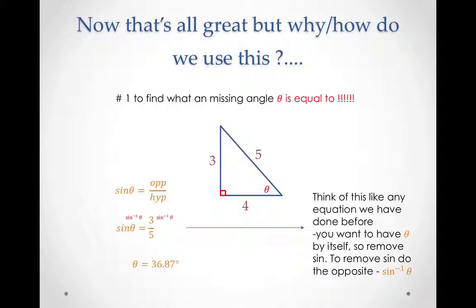Once you did, we've removed sine from the left-hand side, and we're simply left with theta. If you've taken the inverse sine of 3 over 5, we are now left with 36.87. Therefore, theta is equal to 36.87 degrees.